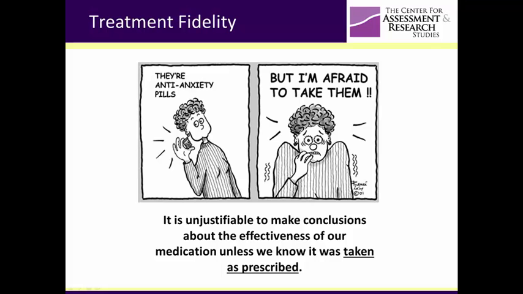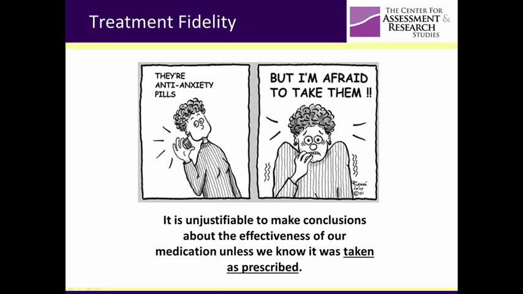Here, we've been prescribed medication, but in this case, the person is simply too afraid to take the medicine. So in other words, we need to know whether the medicine was taken by the cat as it was prescribed. If we have a person here with a similar condition and they didn't take the medicine as prescribed, how can I make conclusions about whether this medication seems to be working for the person if they failed to follow our treatment recommendations, if they did not take the medicine as we intended?